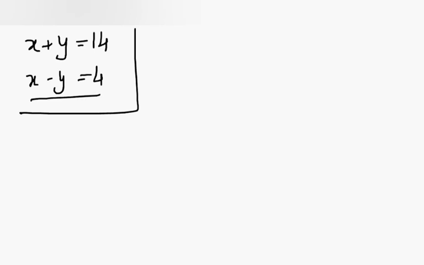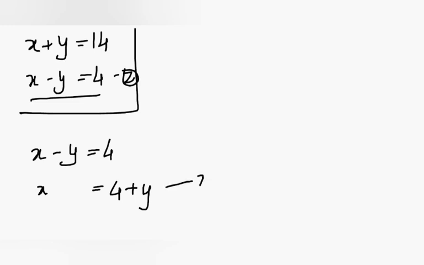We take the second equation, x minus y is equal to 4, and we keep one variable on the LHS and the other on the RHS. So we keep x on the LHS, and we get 4 plus y, so x is equal to 4 plus y as the third equation.